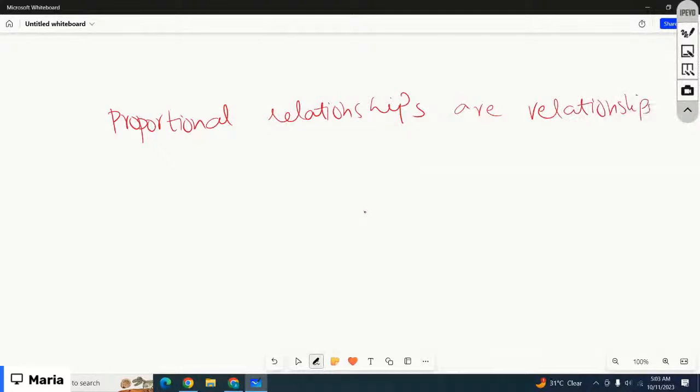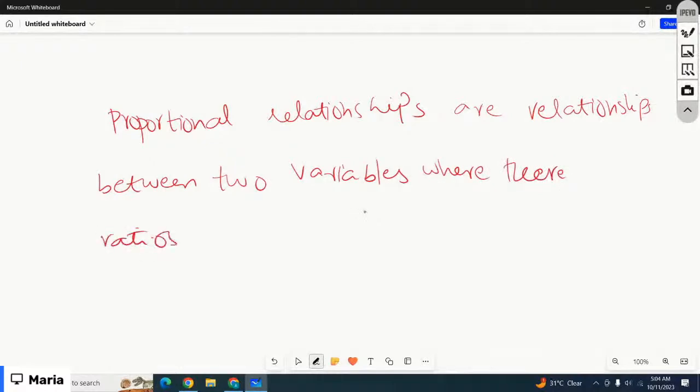So proportional relationships are the relationships between two variables where their ratios are equivalent, right?